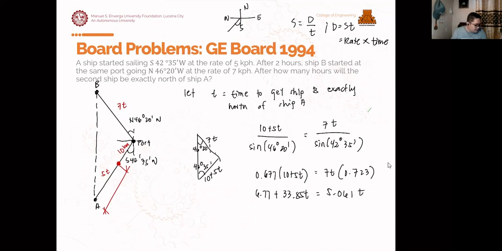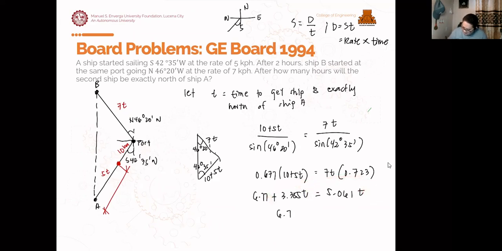Okay, let's check the problem again. Sine 46. Okay, that's why. This is wrong. Okay, so this is 6.77 plus 3.3850t. Okay, there. So let's transpose and combine like terms. Let's move this to the other side and make it minus.